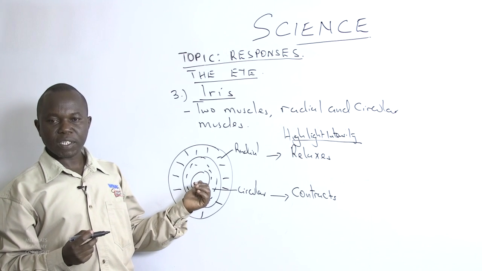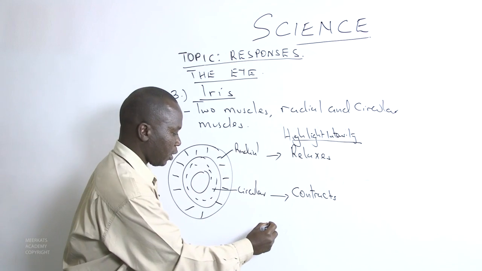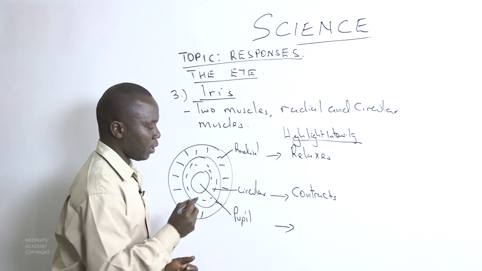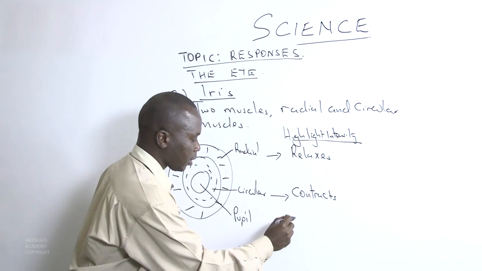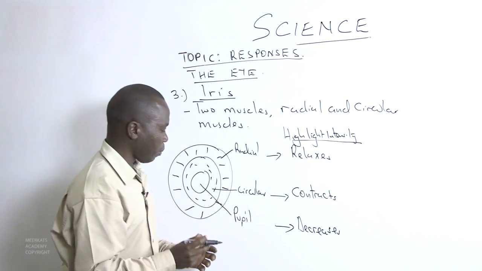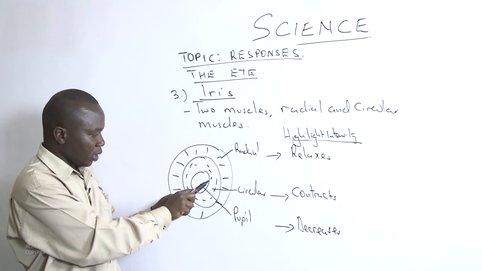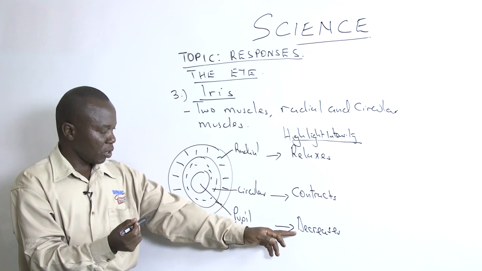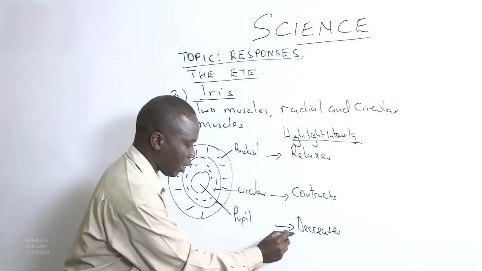So what will be the effect on the pupil? The size of the pupil decreases, because when it contracts, it becomes even smaller. So the pupil size decreases, becomes small.